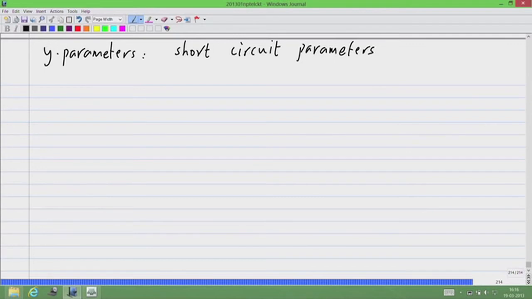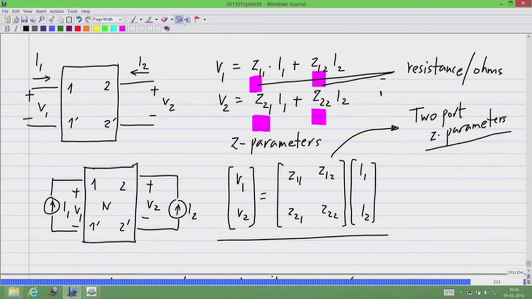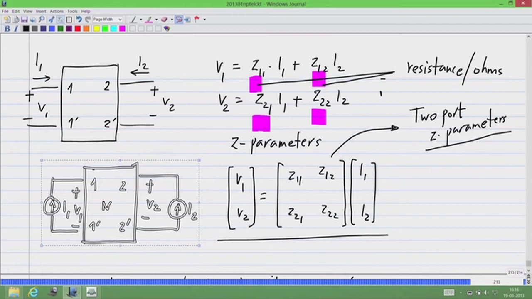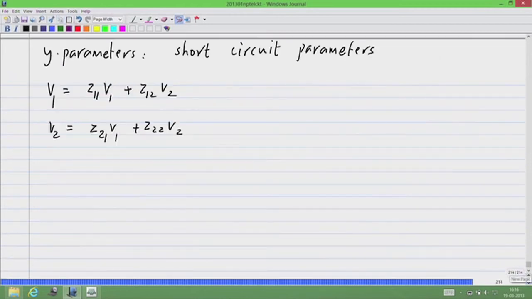So now, please tell me, just like in Y parameters, we short circuited one port in order to measure the Y parameters. Okay. So now my two port picture is over here.